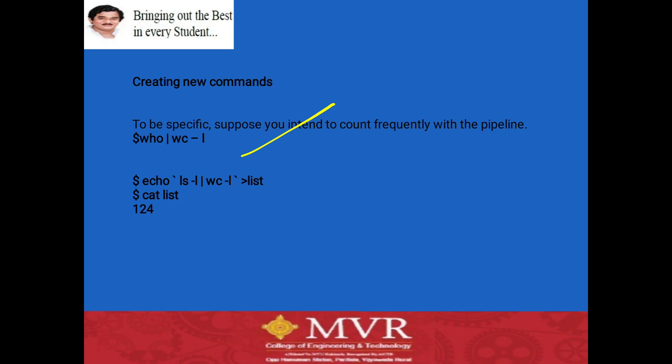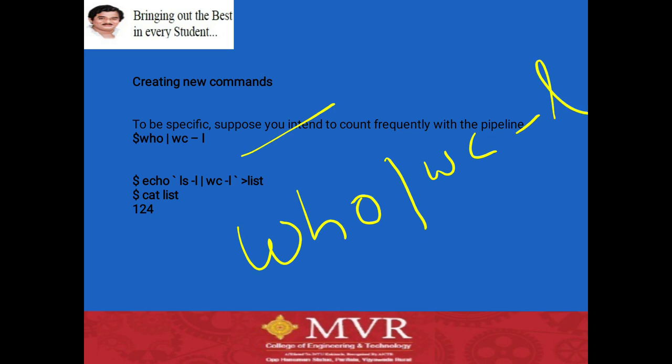This piping symbol, as we have discussed, is used to combine two commands. So whatever the output of the who command will be given as the input to wc -l. As we know, wc -l will count the number of lines. Say the who command displays user 1 terminal 0 date and time, then user 2 terminal 1 date and time, user 3 terminal 2 date and time.